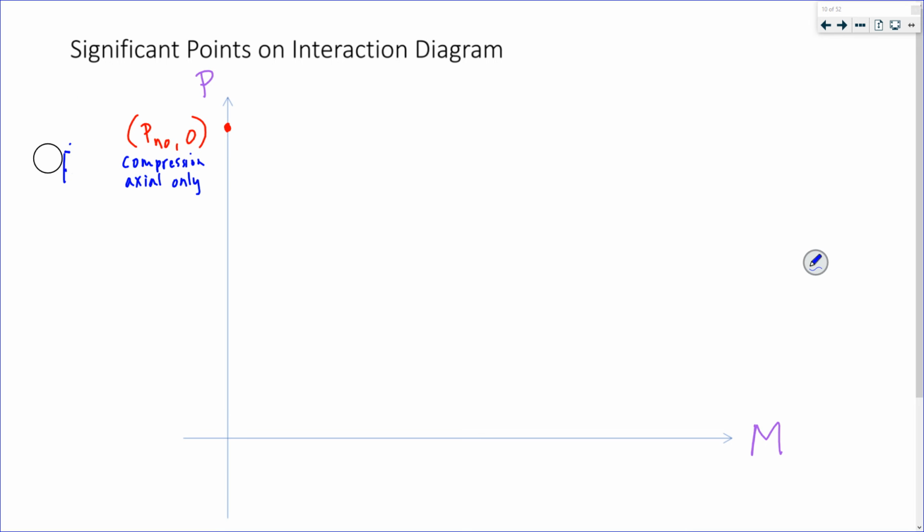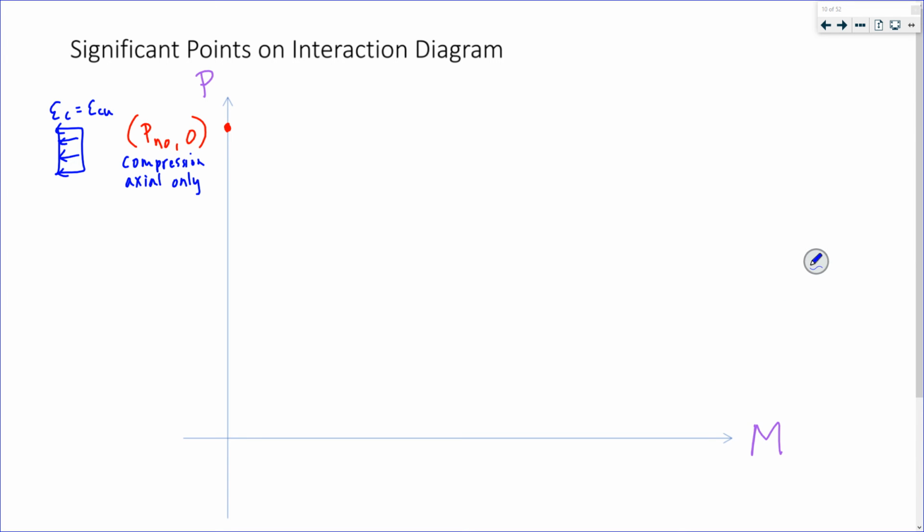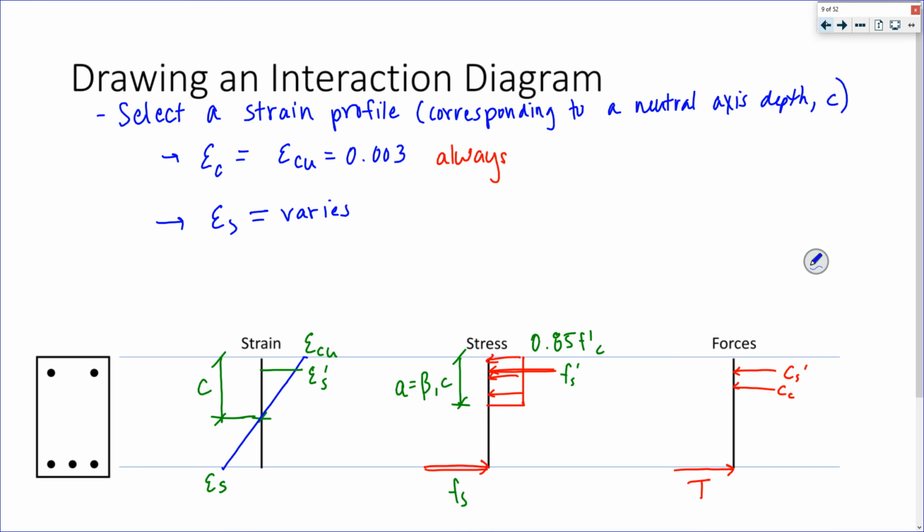It would be a vertical line, as opposed to this diagonal line here.